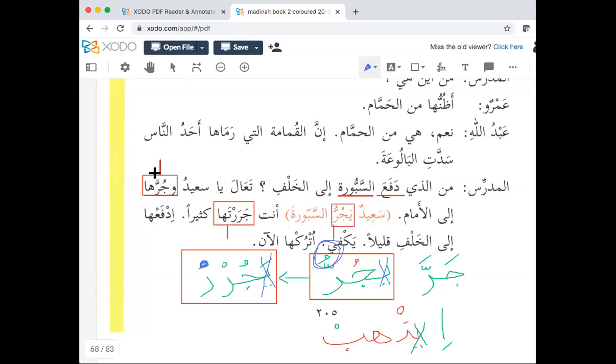So that's why you see over here, the teacher said to Sa'id, Ya Sa'id, jurraha. Jurra, this is fi'l amr. So this dhamma over here gets changed to a fatha and jurra.